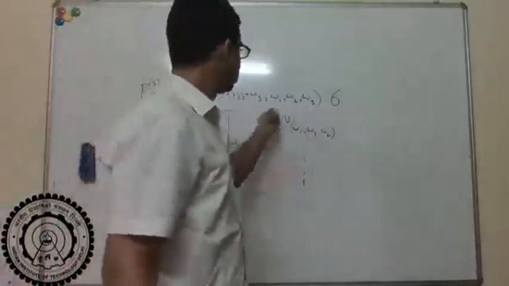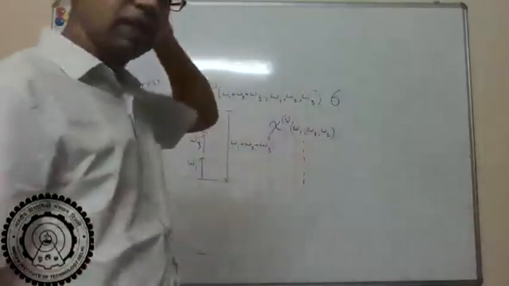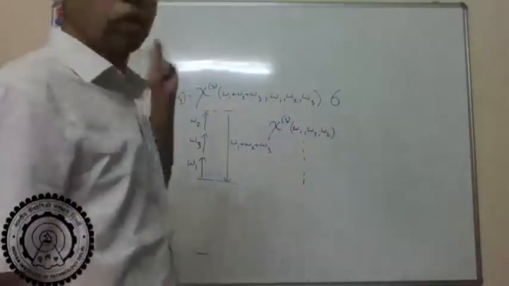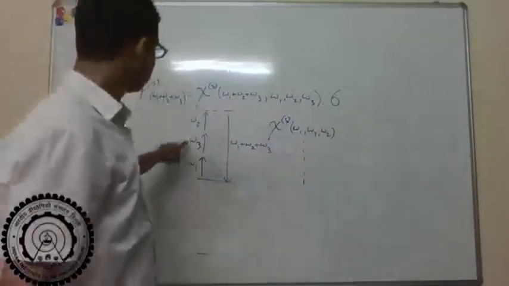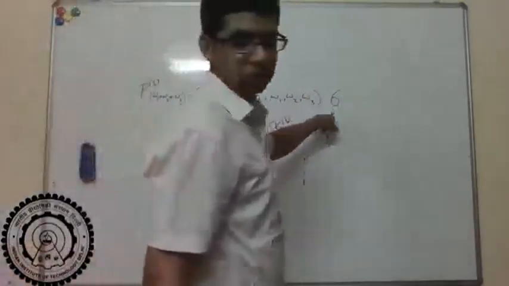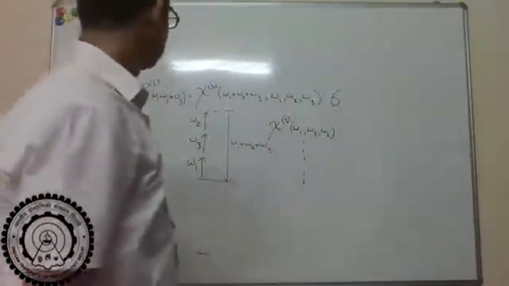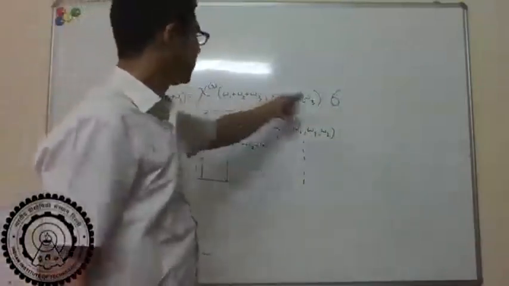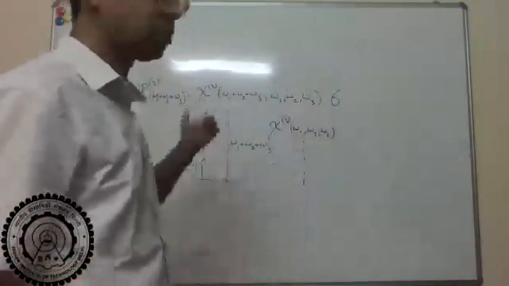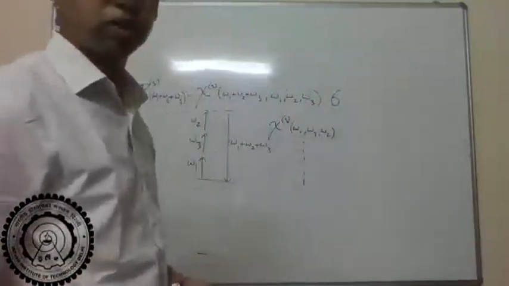So if omega 1, 2, 3 are different, then you get 6 here. But in some cases, for example, when we looked at third harmonic generation, when all 3 of these were equal, then this factor is only 1 because there is only one permutation. If 2 of these are equal, then 3. So it depends on what particular process you're looking at.